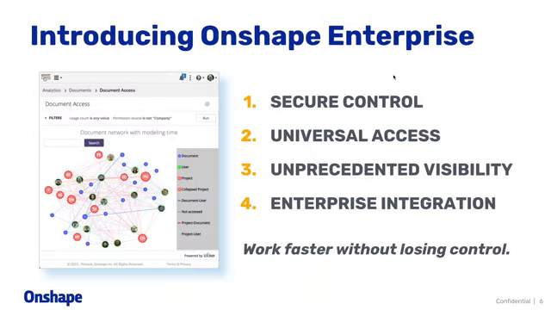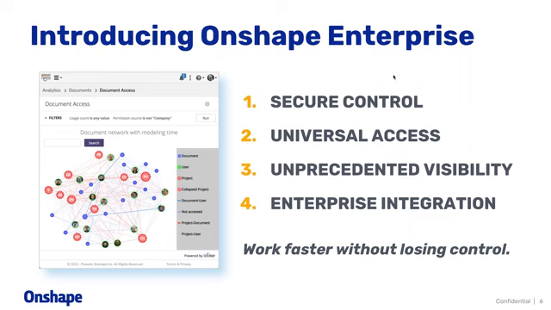And so as an answer to this, we've introduced Onshape Enterprise. And Onshape Enterprise delivers 4 key pieces of value to these customers. It delivers secure control over their intellectual property. It delivers universal access to their entire team to all of the data that they need.